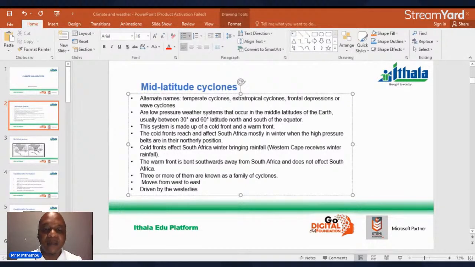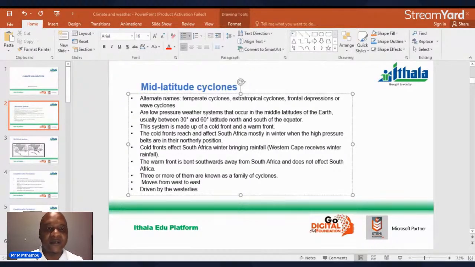The polar easterlies are moving towards the west because they are driven by easterlies, and then westerlies are moving towards the east because they are driven by westerlies. Remember, these two parcels of air have different air moisture content, which means one is cold and the other one is warm.